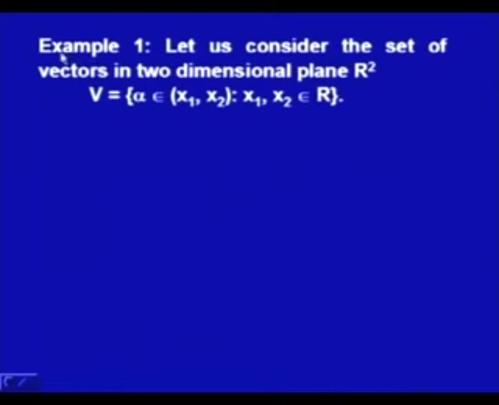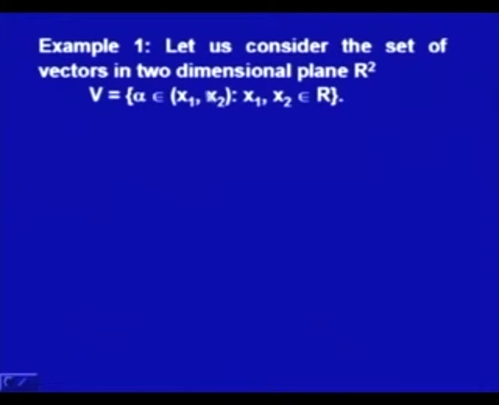Now, let me explain this with the help of an example. So, let us consider the set of vectors in the two dimensional plane R2. So, V is a set of vectors where alpha is a vector in R2. So, it has to be an ordered pair x1 comma x2 where x1 and x2 are real numbers.